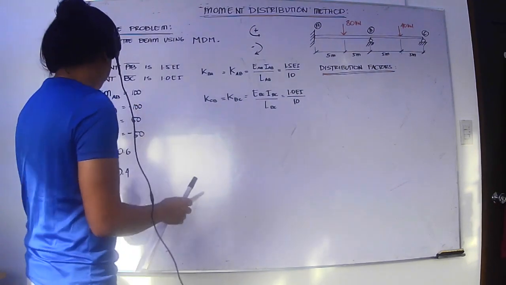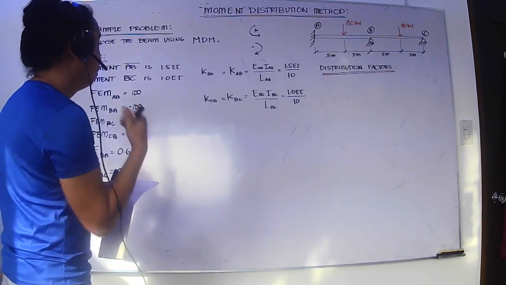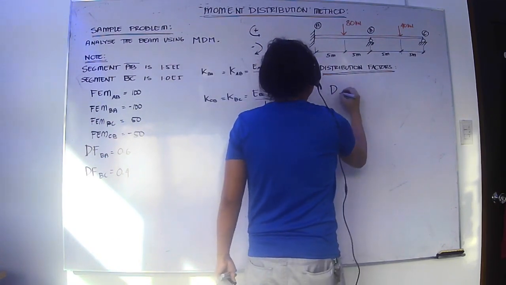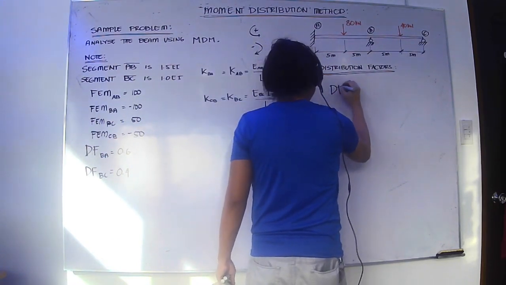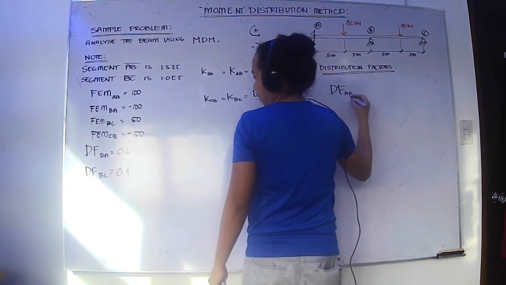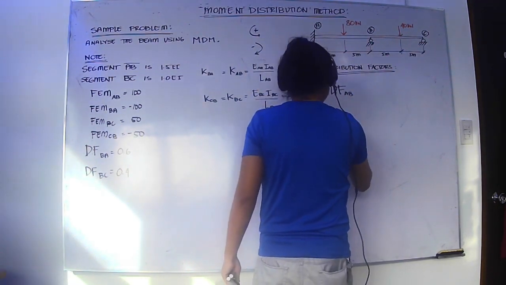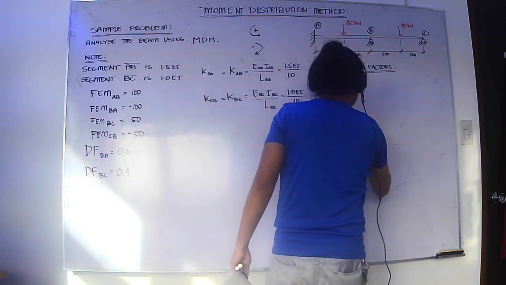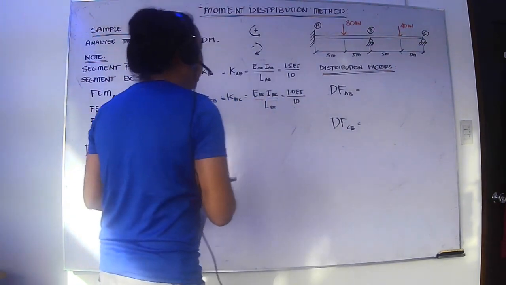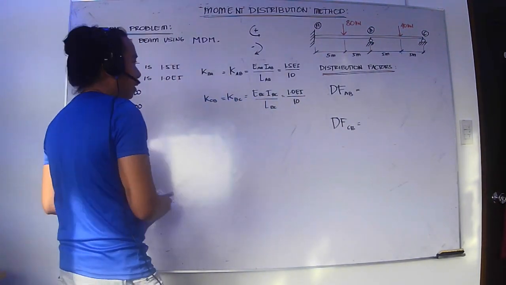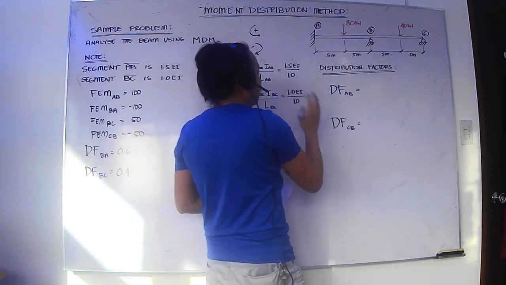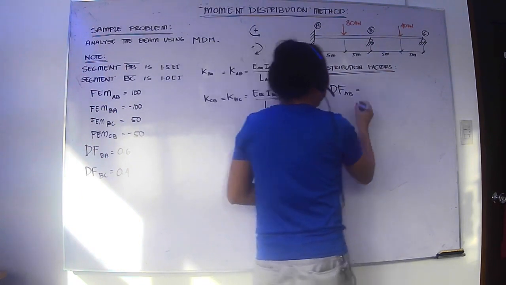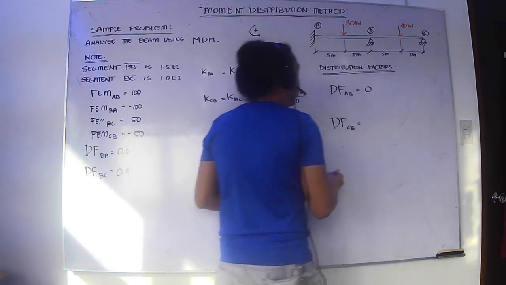The problem now is the DFAB and DFCB. If we compute those, we will have infinity. These are special problems, since we're dealing with fixed supports. Our distribution factor there is 0.